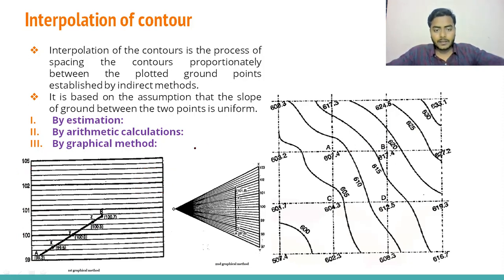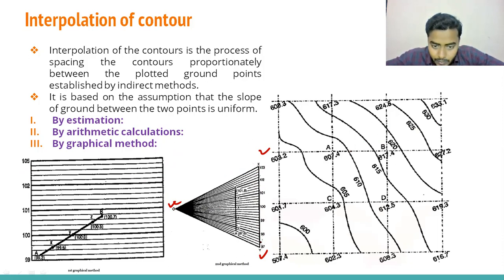Second method. There is an X. Suppose we have to draw a contour, we have to do interpolation between X and Y. So just mark X and Y with the elevations 98, 99. At the center, at some distance, take O, and draw a line from O to X, with every division.